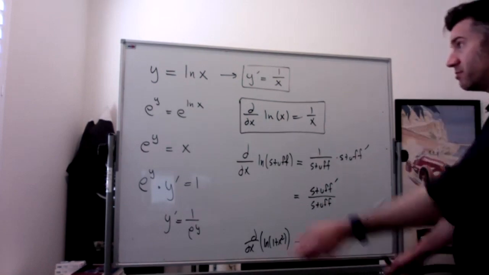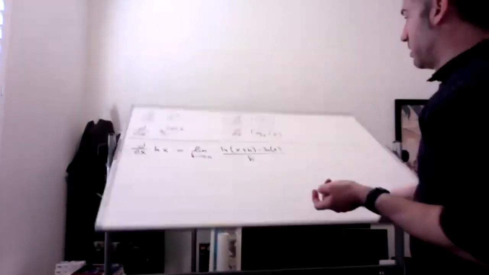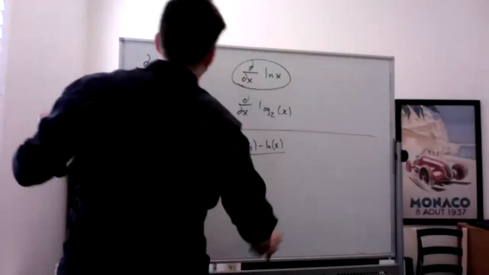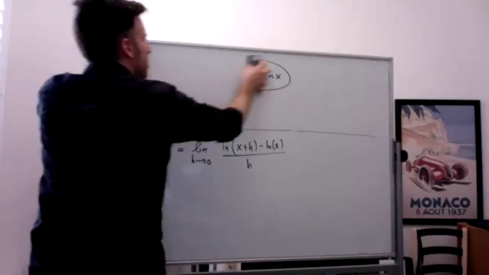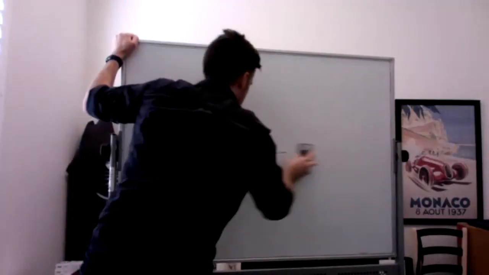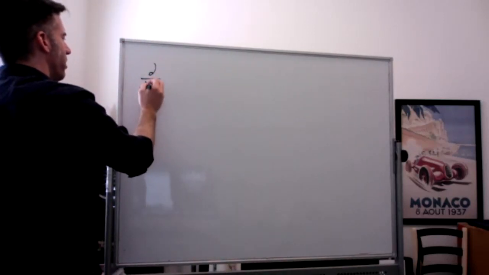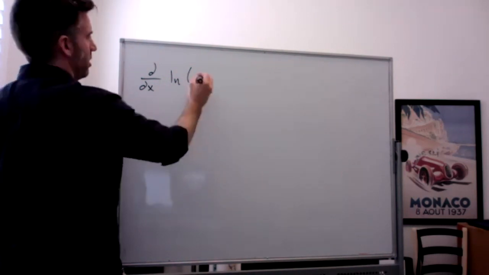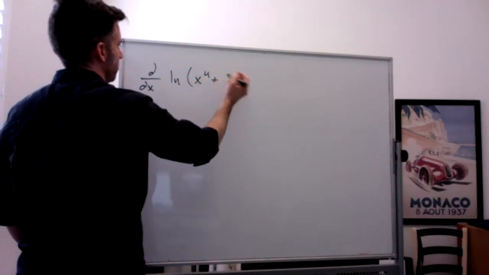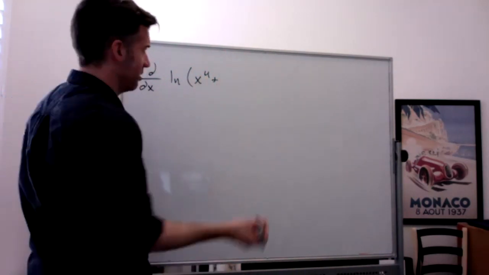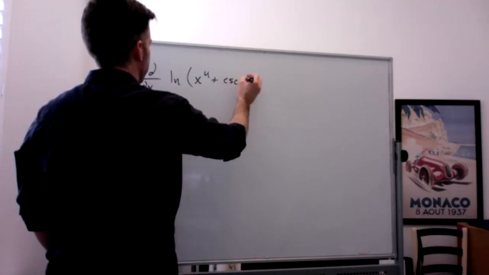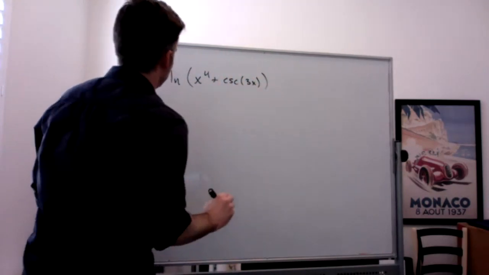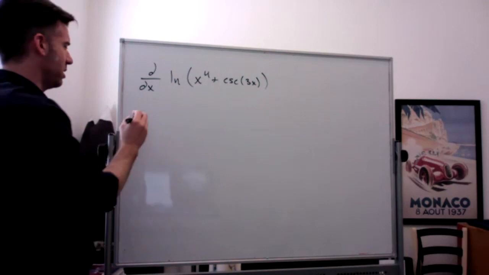So then we can do all sorts of crazy things. What's the derivative of the natural log of, I don't know, x to the 4th plus, I'm trying to throw in all the trig functions at some point, cosecant of 3x? Okay, well, let's see here.